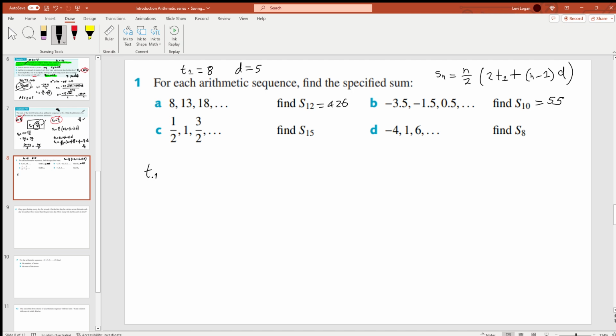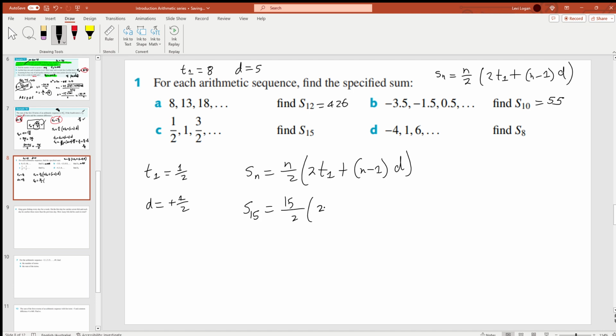So your first term in this one is a half. Your difference is positive a half. And literally just plug into this formula again. Replace the index with 15, so S of 15, and wherever there's an n you put a 15. 15 over 2 times 2 times the first term plus 15 minus 1 times the difference.